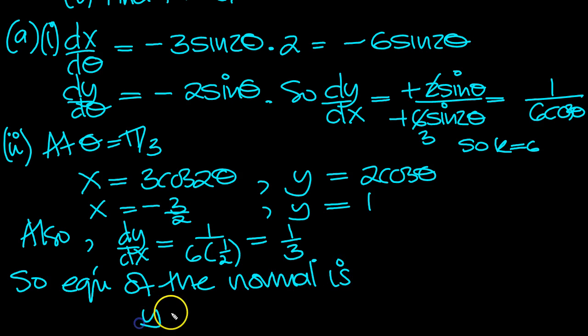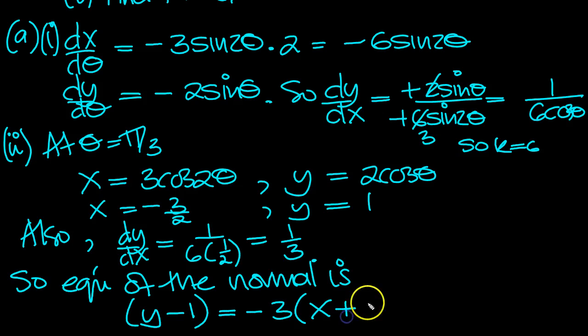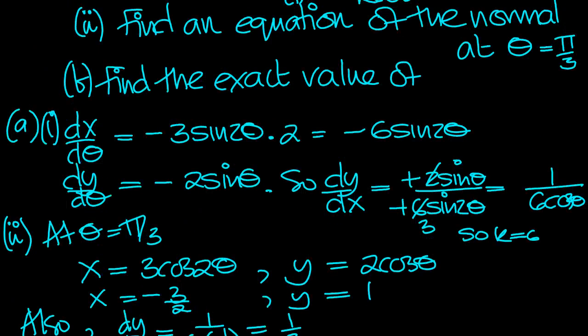Is y minus the y coordinate 1 is equal to the gradient of the normal. Well, if that's the tangent, the gradient of the normal will be minus 3, won't it? Because minus 3 times a third is minus 1. Times x minus the x coordinate, which is minus 3 over 2, so that's a plus 3 over 2. There's the equation of the normal. So that's that one done.